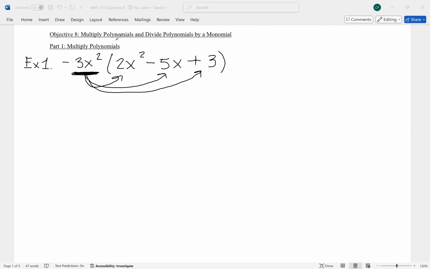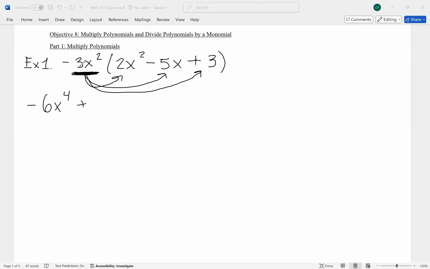So negative 3x squared times 2x squared, and we want to remember our rules, all right? It's going to be negative 6x to the fourth. We will add those exponents. So we still need to remember all of our rules.